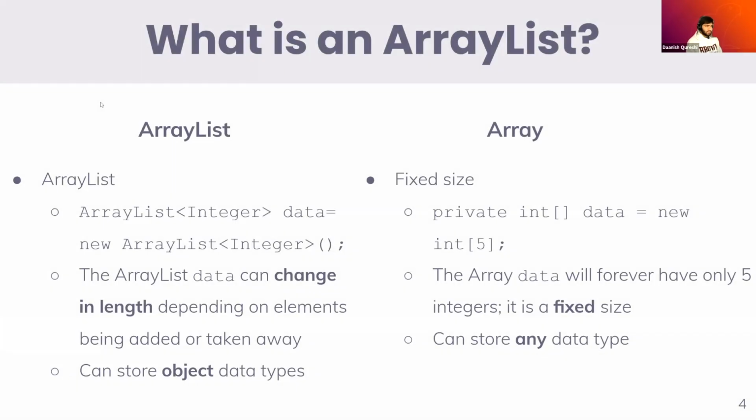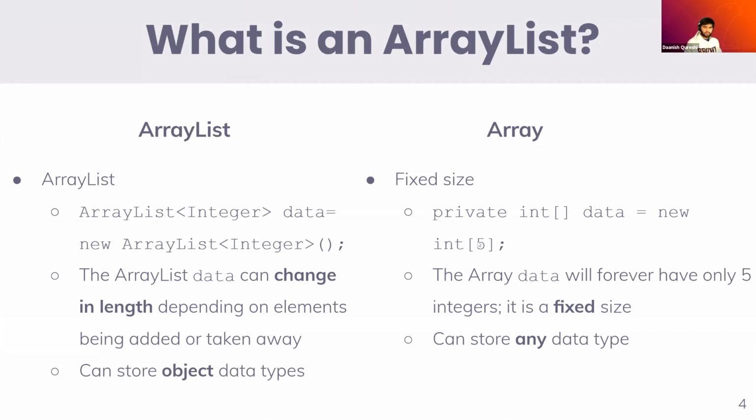So what is an array list? Let's start with an array. I'm sure everyone remembers what an array is. So this constructor here, private int data, with brackets, equals new int 5. What this does, and I'm sure you all can tell me, is it creates a new array which stores integers with a size of 5.